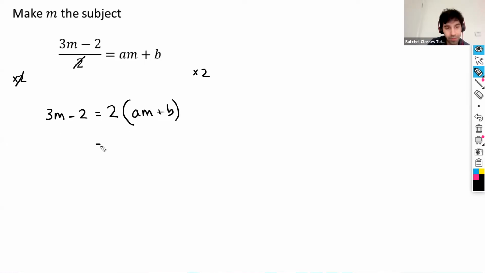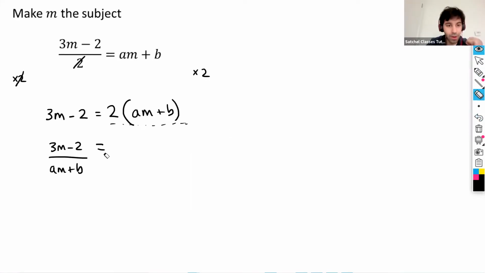Now, what we can do is bring this over onto this side of the equation. So we'll divide both sides by 2 times AM plus b. So 2 is equal to 3m minus 2 over am plus b. But again, life has become a little bit tricky here because we're dealing with a fraction again. So rather than doing it like this, what I will do is expand this expression here.